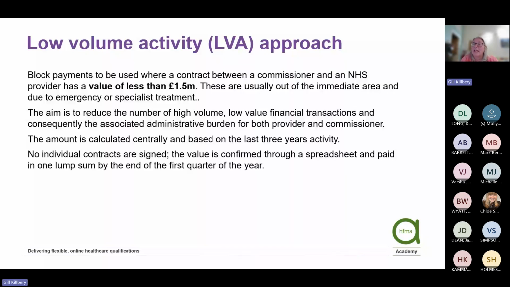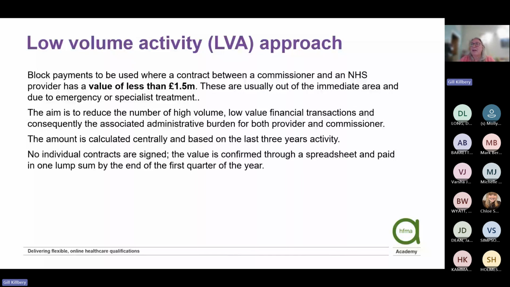But it's a nationally calculated value, agreed to through a spreadsheet, not through a full written contract. The full written contract is assumed based on that spreadsheet.